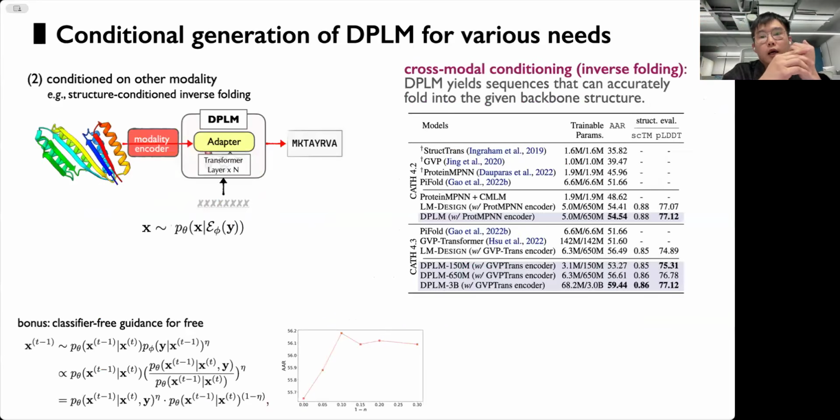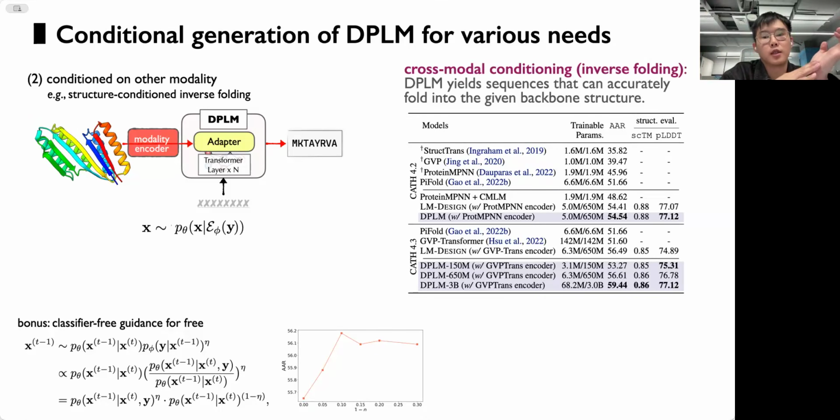We can also condition our model to do cross-modality generation. For example, for inverse folding, you need to condition your model on a given protein structure, then generate protein sequences that can fold to this structure. We follow our previous work, using a lightweight adapter, adapter tuning, combined with an additional modality encoder.